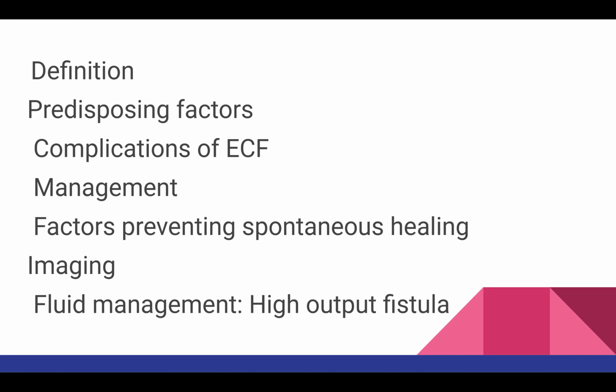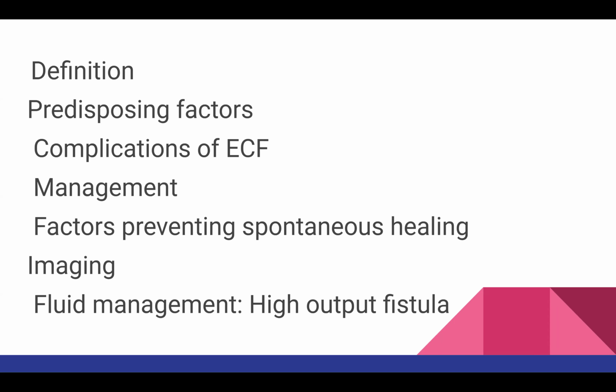The enterocutaneous fistula is managed by stabilizing the patient in the initial approach by A, B, C, D, E, and according to the SNAP criteria. So, in the SNAP criteria, first we will assess if the patient is having a sepsis. Then the next thing is nutrition.